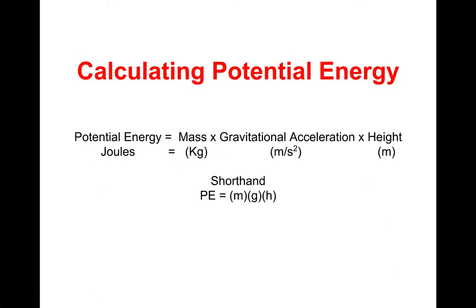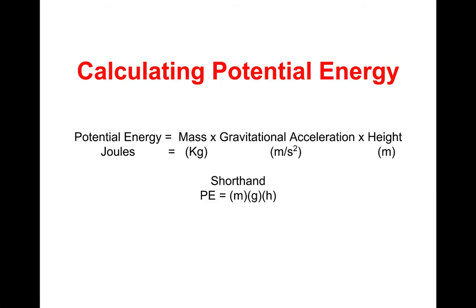So the way that we calculate potential energy, the formula is mass times gravitational acceleration times height. Mass is measured in kilograms. Our gravitational acceleration is in meters per second squared, which if you'll remember, we said was that constant of 9.8 meters per second squared.